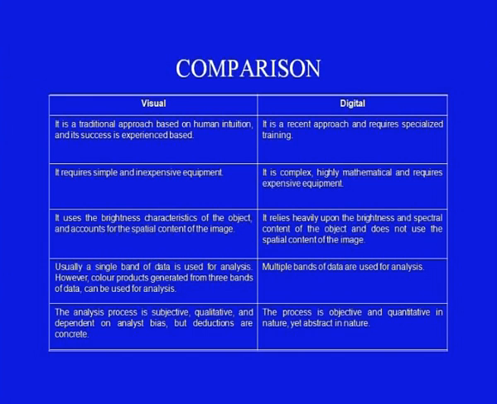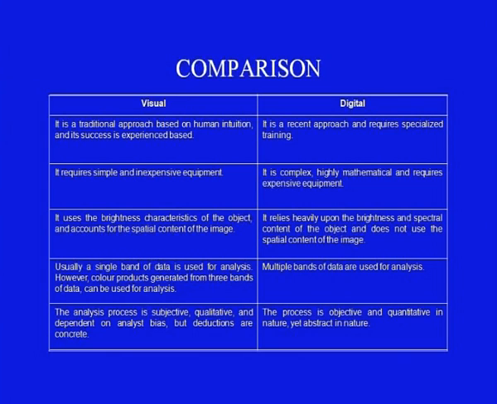In visual interpretation, usually a single band of data is used for analysis. However, color products generated from 3 bands of data can be used by the analyst. In digital image processing, multiple bands of data are used for analysis at the same time.